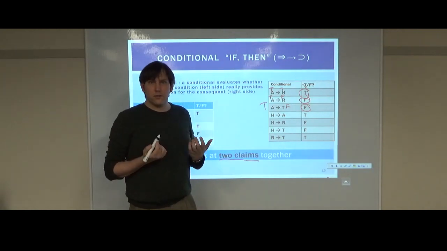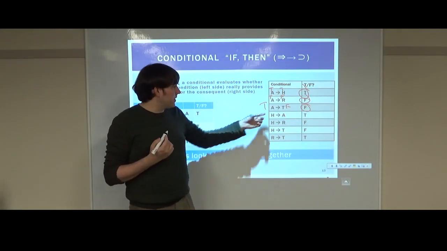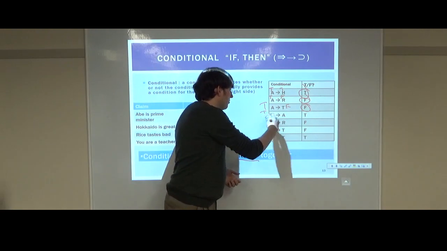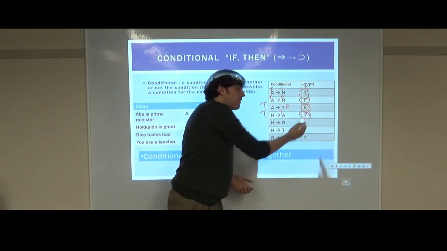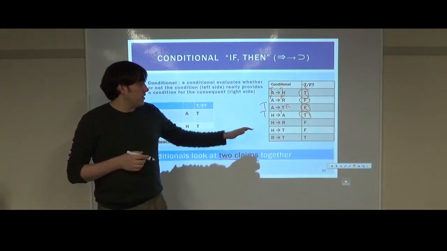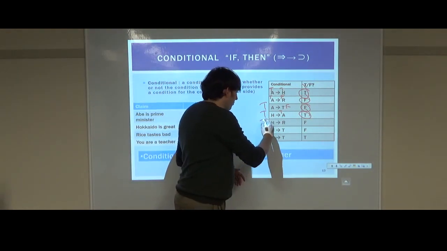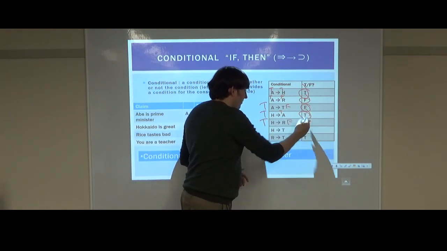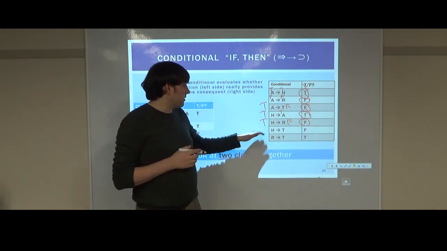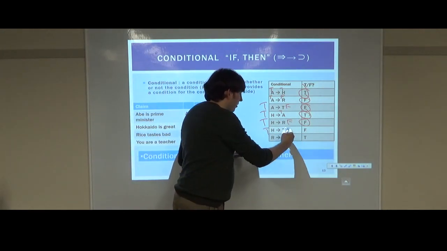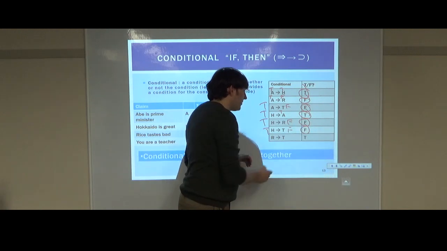If Hokkaido is great, then Abe is prime minister. So we have true and true, so the entire thing is true. If Hokkaido is great, then rice tastes bad. We have true and false, so that's false. If Hokkaido is great, then you're a teacher. That's true and false, which is false.